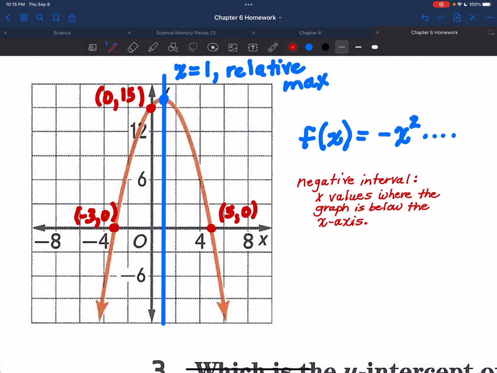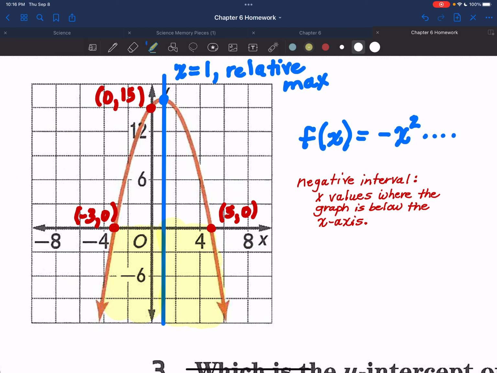To me, if it's below the x-axis, we're talking about y's, but we're not. We're talking about the interval on the graph that is below the x-axis. So here we have part of it that is below the x-axis, and here we have part of it that is below the x-axis. But what we're actually looking at will be the x values for which that is true.